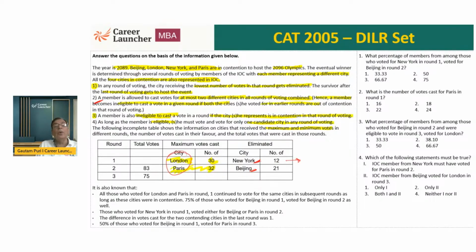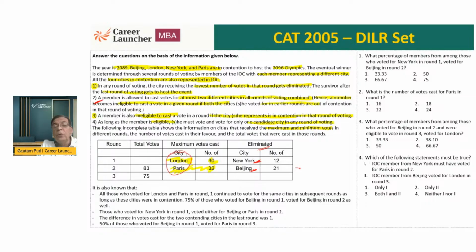In round 2, you have an option to vote for another city also, and you decide to vote for Beijing. And in round 2, obviously, Beijing was eliminated with the minimum number of votes. What does that mean? In round 3, you cannot vote. So the number of voters in round 3 will be lower because of this reason.